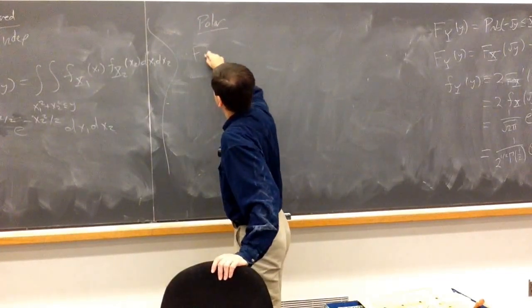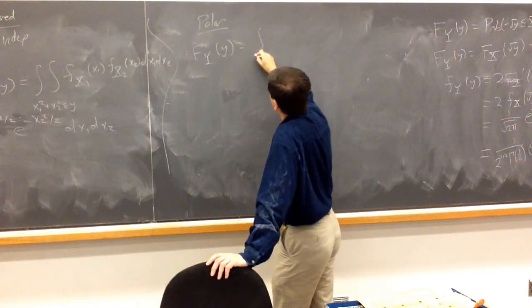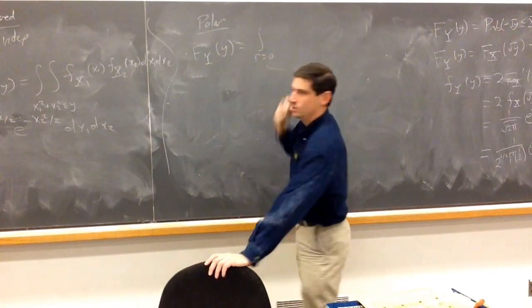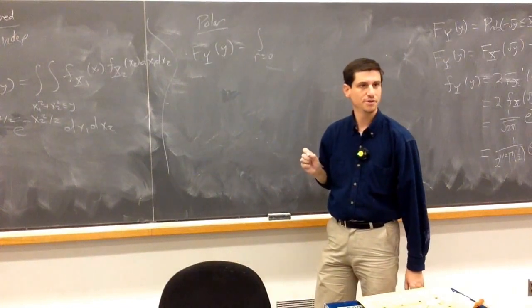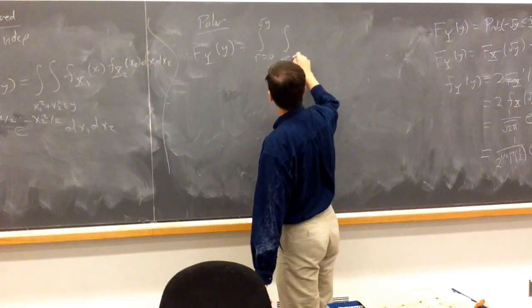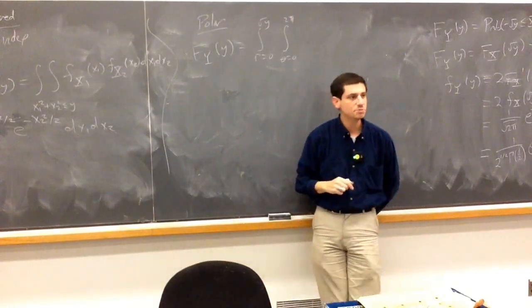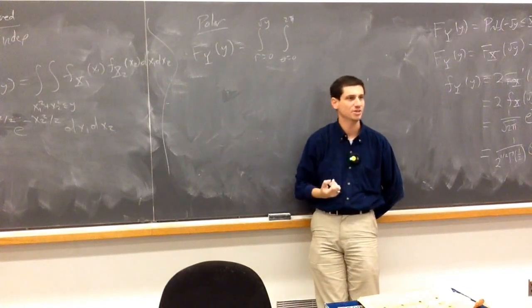And we get the cumulative distribution function of y at y is the integral, the radius goes from 0 to how much? Square root of y. And then we have theta goes from 0 to 2 pi. Something deep is probably going on. When you see pi, what should you be thinking about?